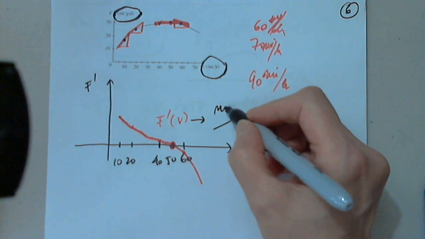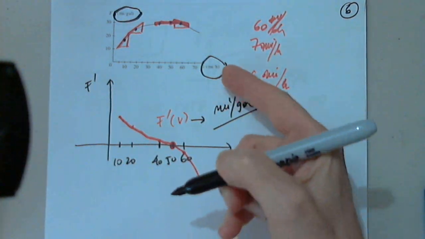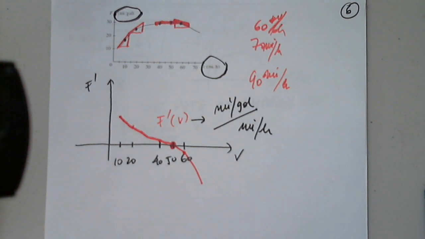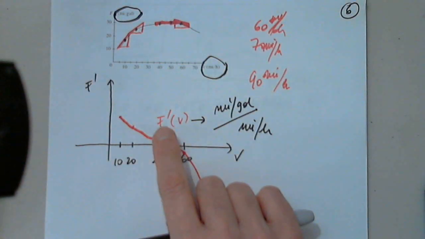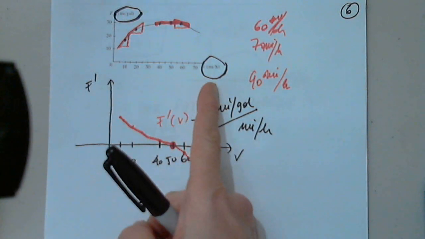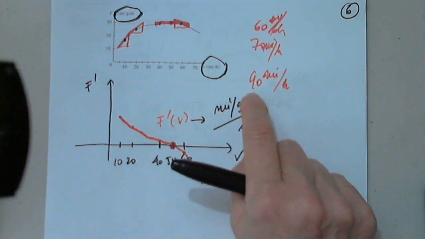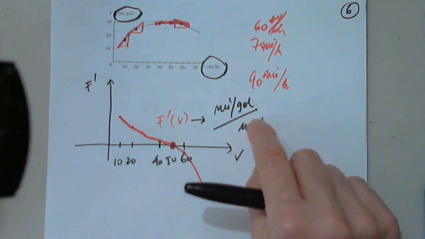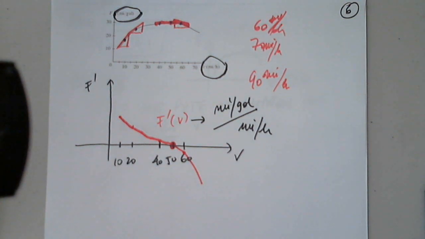So this must be miles per gallon, and this must be miles per hour. It's always the case. It's a ratio. So this is the rate of change of this with respect to this, the measurement unit from the y variable over the measurement unit for the x variable, always and forever.